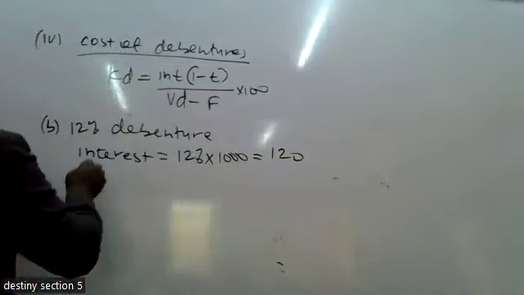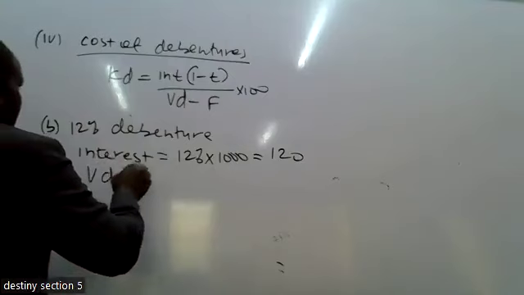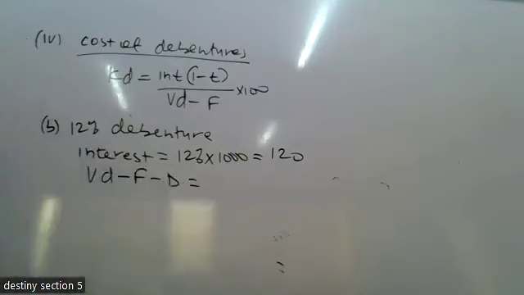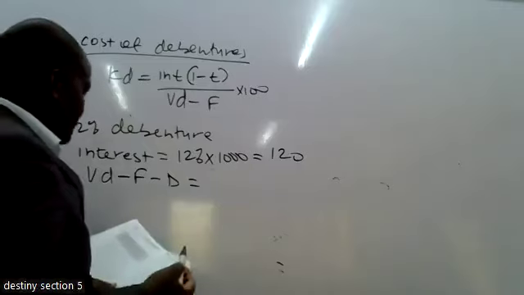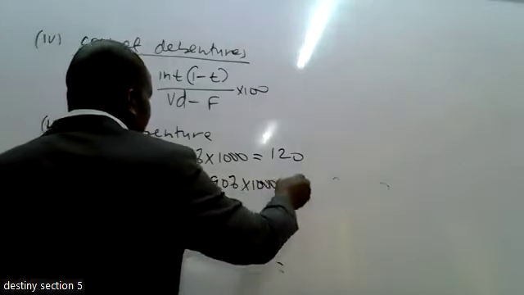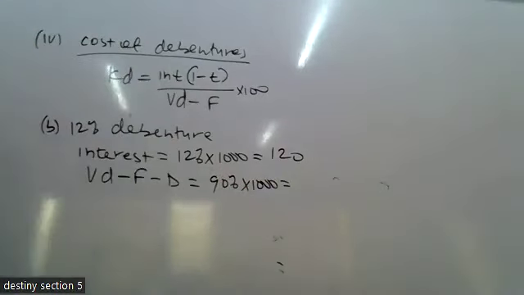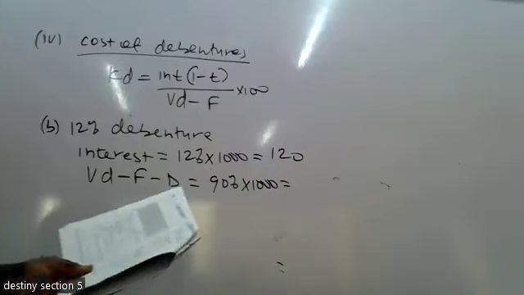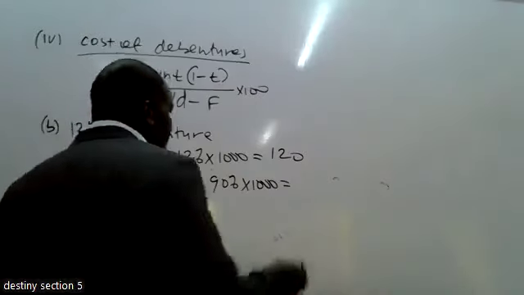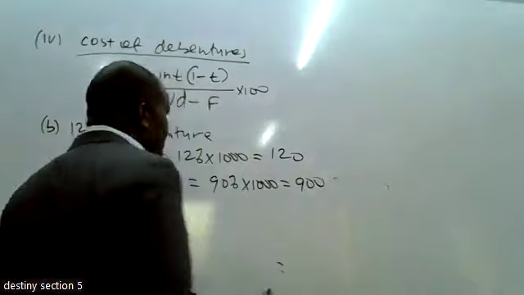Then the current value of the debenture, minus the quotation cost, minus the discount. They say it was issued at a net proceed of 90%. Like the other part, it was 95% of the 1,000, but this one was issued at a net proceed of 90% of the par value. So we simply get 90% of 1,000, which is going to be 900.